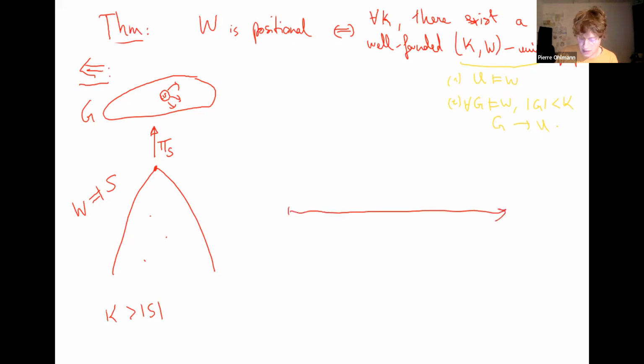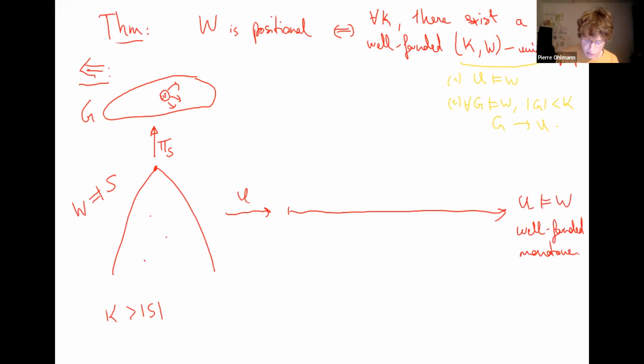So it looks like a line. So this is my graph U. I'm just using the fact that there's an embedding like this. I know that U satisfies the objective, is well-founded, and monotone. Right?